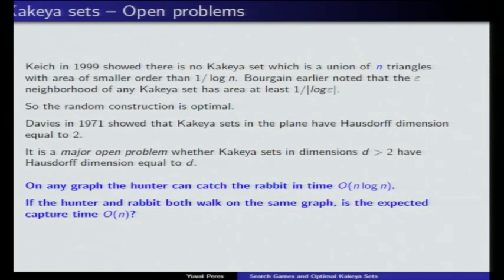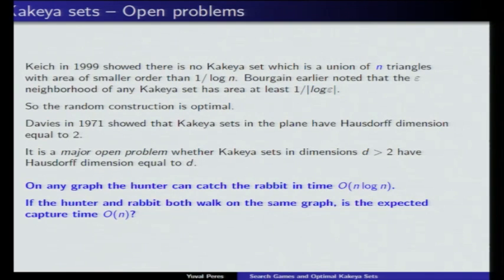Finally, the question mentioned at the top: there is a major open problem on which Bourgain, Tom Wolff, Terry Tao, and many others have worked, which is to understand Kakeya sets in 3 dimensions or higher dimensions. A Kakeya set in R^d has line segments in all directions.